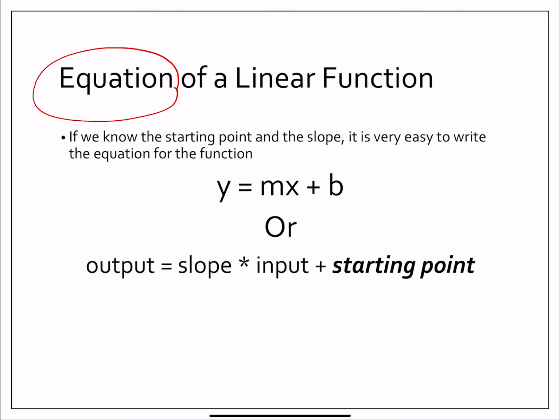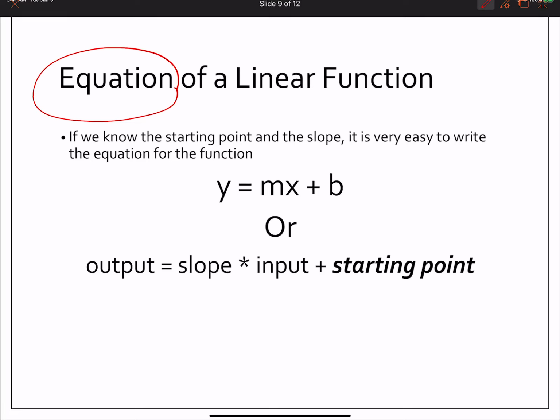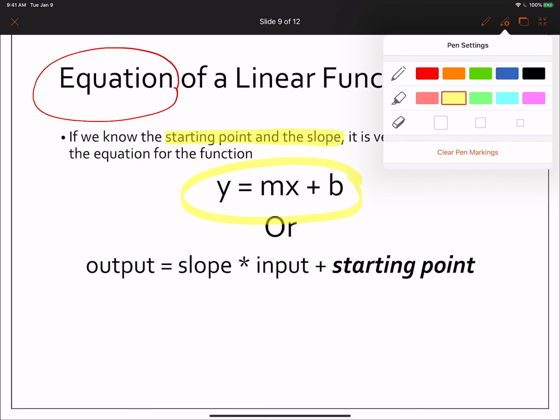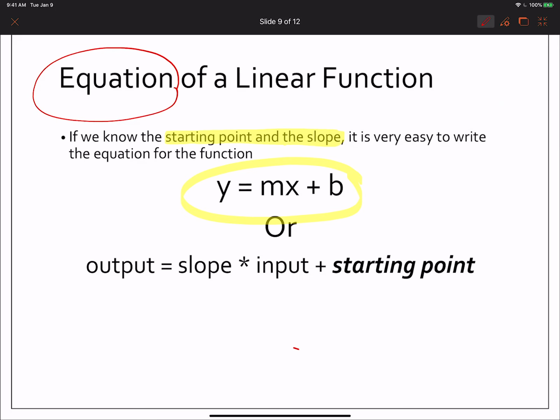Now, if we already know these two pieces of information for a line, the starting point and the slope, it's very easy for us to write the equation because we can just write it in this form. This is what we call the general form of the equation of a line. y equals mx plus b.